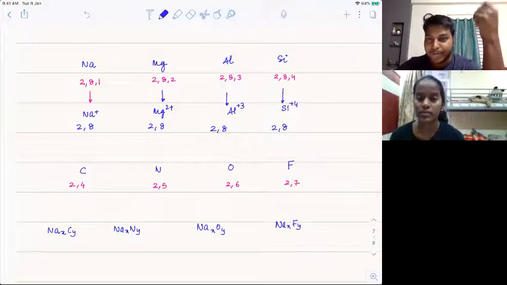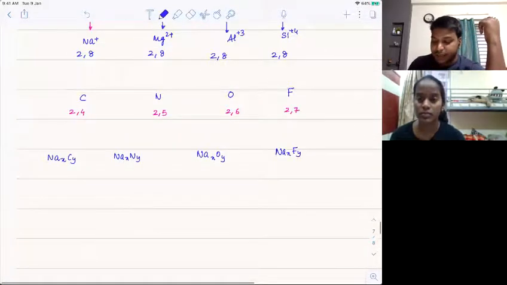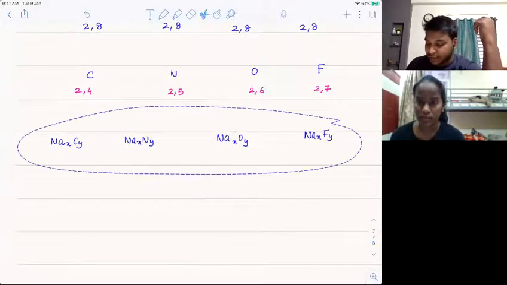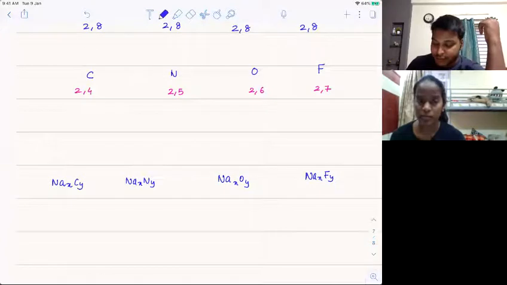Same way, carbon. Carbon is always in a fix, but let us see what it would become if it becomes negative. Just now we have learned carbon can become C minus 4, nitrogen can become minus 3, oxygen can become minus 2, and fluorine can become minus 1.